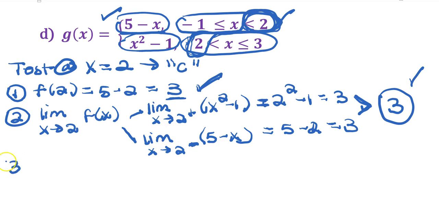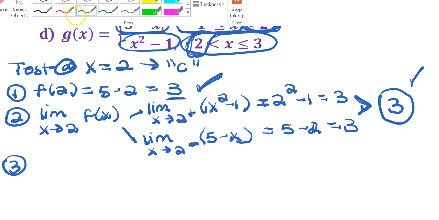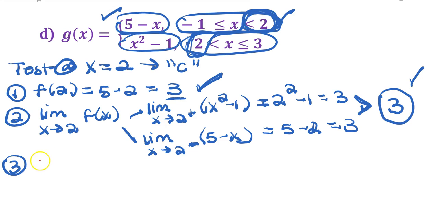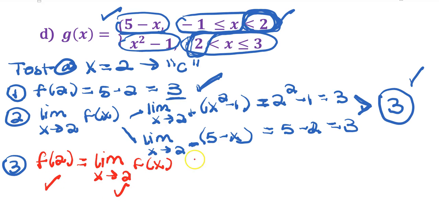And step number 3, I'm going to do this one in a different color because it's a pretty important step, is to figure out whether f of 2, the value that we get in step 1, equals the value that we get in step 2, which is the limit as x approaches 2 of our function. If this value equals this value, which both in this case equal 3, then we can say, because that happens, therefore f of x is continuous on the domain that this function exists for.